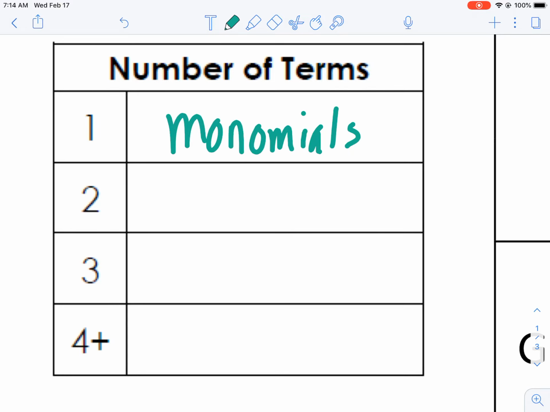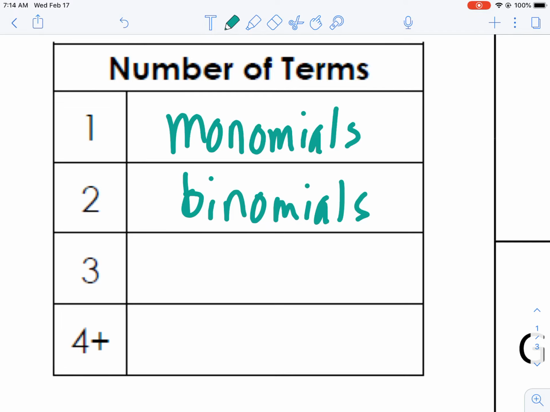Number 1 is a monomial. Mono means 1. I'm sure you can think of examples where mono means 1. 2 is called a binomial. Again, bi means 2: bicycle, 2 wheels, binoculars, 2 little things.